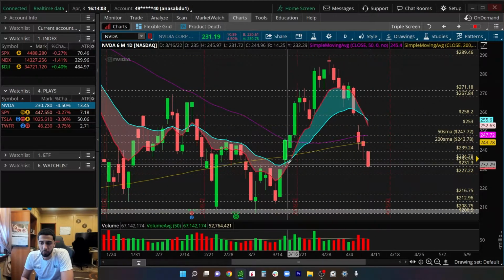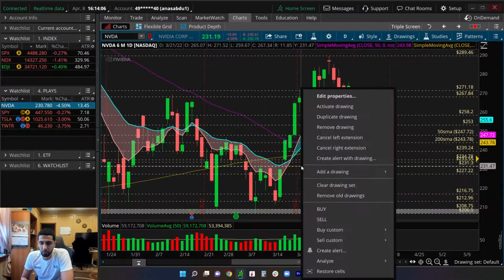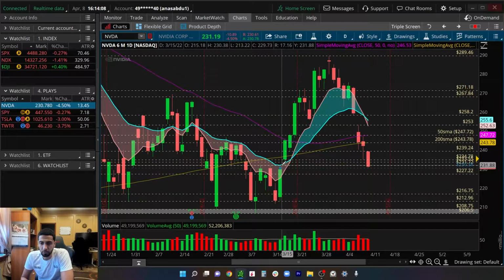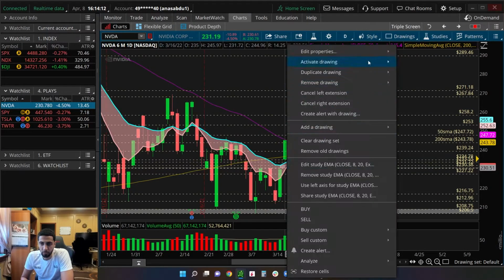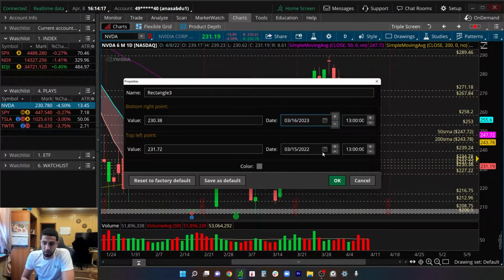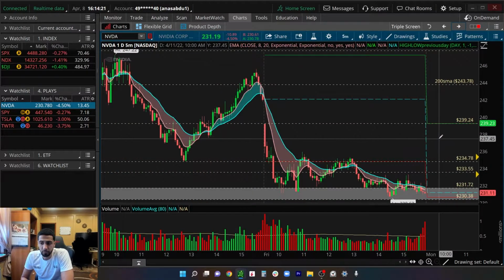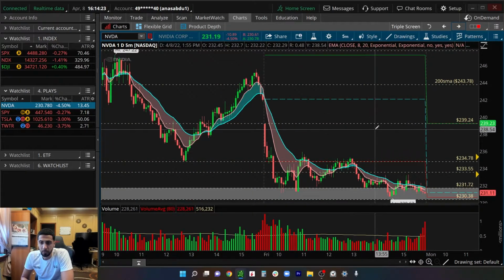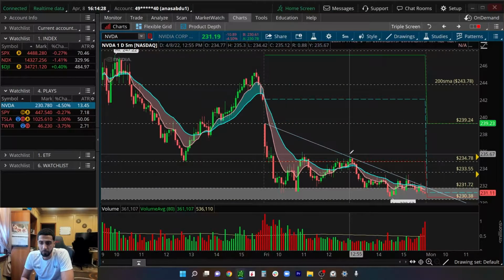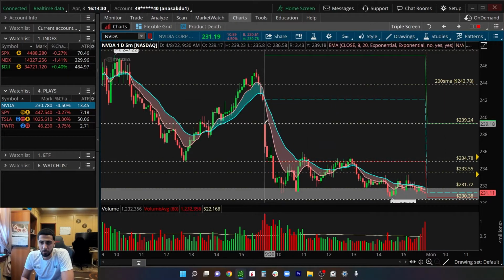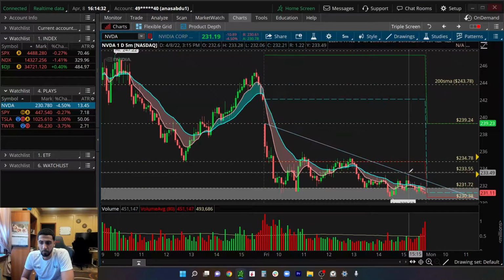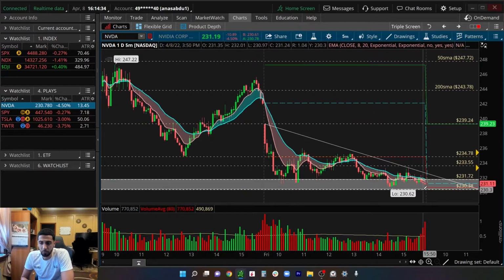Since this is 231.3, this is 231.7, so I'll draw that 231.7 and then 230.38, and I'll draw this little window right here, and that's where Nvidia could potentially bounce. Even if it goes under it, as soon as it goes back above, that could be a buy. And then another confirmation could be the break of this trend line. All right, with a stop loss somewhere under 230.